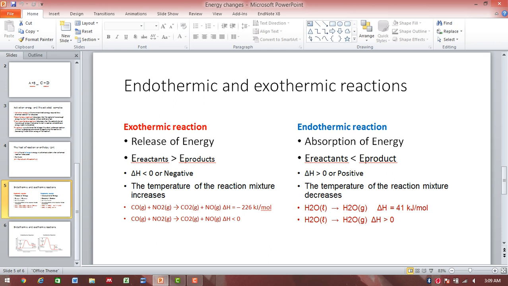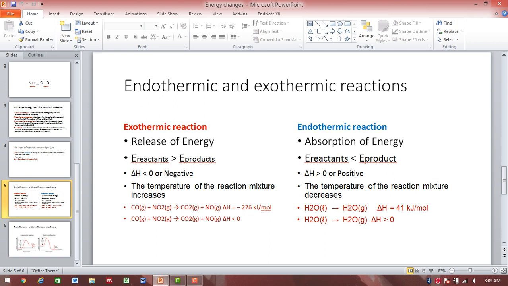Now some of the equations have been shown there. You see at the end of the equation they say delta H is equal to minus 226 kilojoules per mole. Remember, the unit for energy is kilojoules per mole, as I've already mentioned previously.